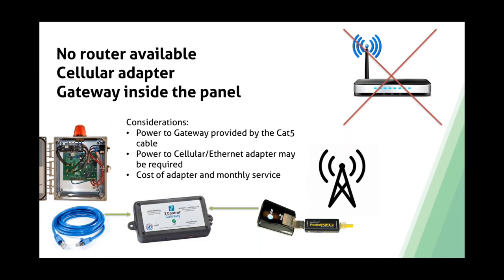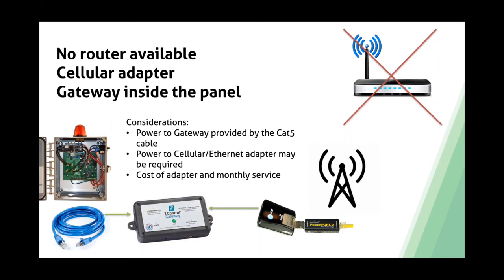And you go in and you purchase what's called a cellular to Ethernet adapter. That adapter will probably be $100, maybe $200, and you plug that into the right side of the gateway. And now you've given the gateway internet via cellular. Gateway doesn't know the difference. It just knows it has internet, so it starts communicating with the cloud right away. And now your cost is the cost of that adapter and probably a monthly service to AT&T for that adapter.